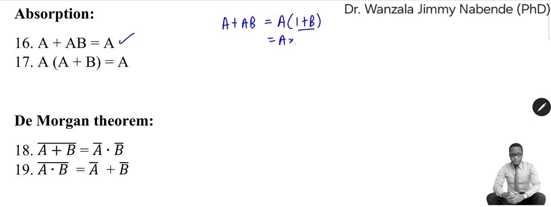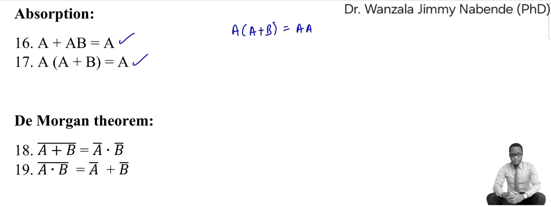So it is A times 1, which is A. This A times A plus B is equal to, when we open the brackets, A times A plus A times B. A times A is A, plus AB.